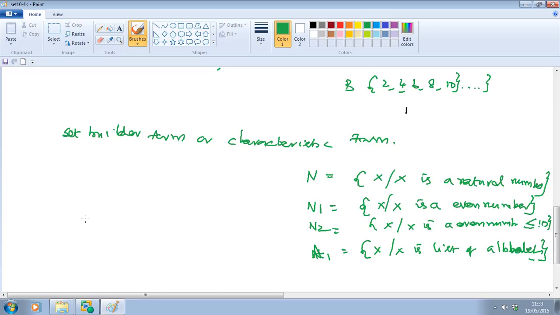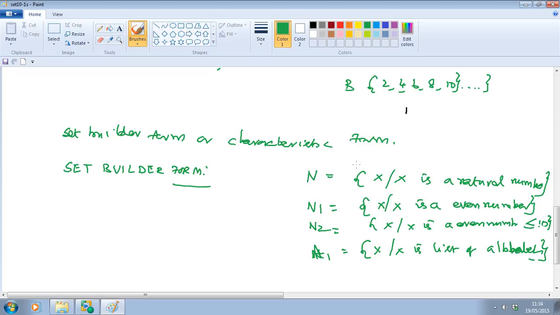This is called set builder form. We are telling the characteristic of the set. N means a set of x where x is a natural number.